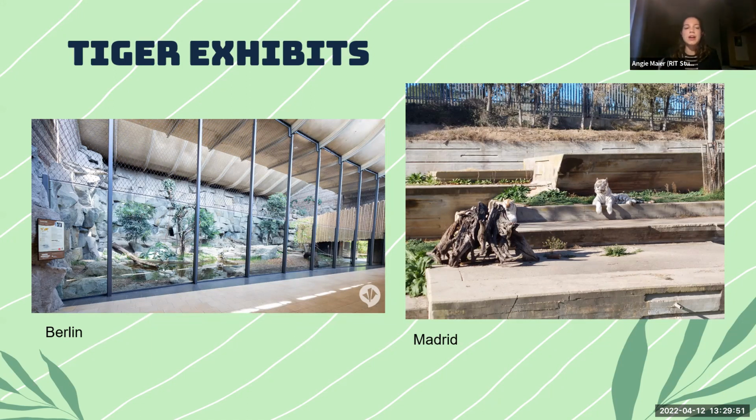Then in Madrid, their exhibit is a little bit more industrial looking. It has a lot of concrete, and they only have 1 label for the tiger, and it's inside the exhibit past the bars. So the bars are kind of obscuring it.